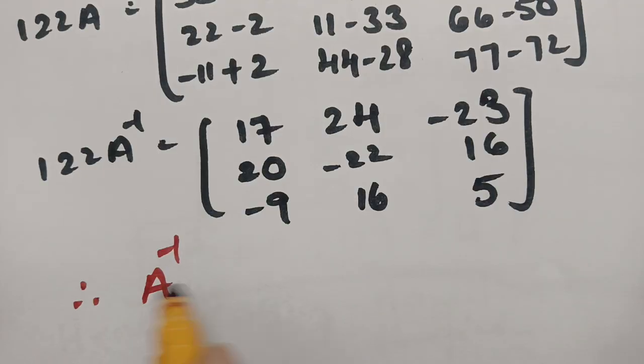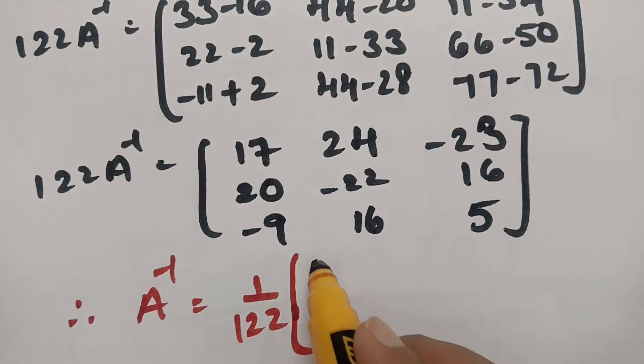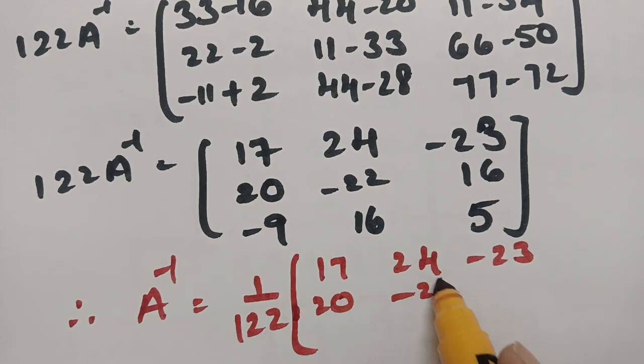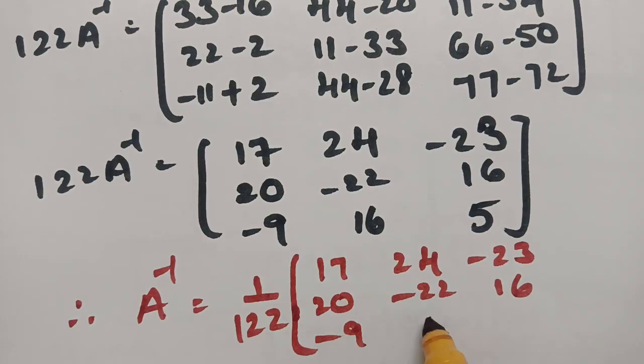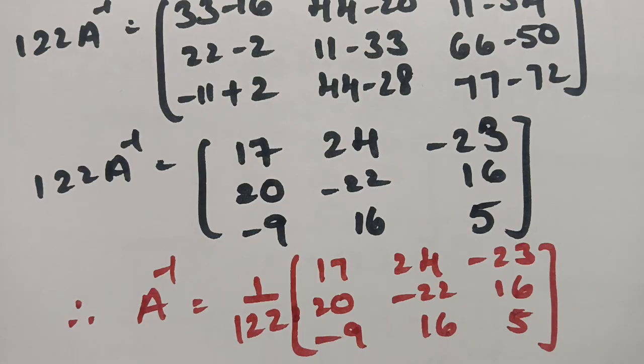Therefore A inverse is 1 by 122 times 17, 24, minus 23, 20, minus 22, 16, minus 9, 16, 5. So you can do along with me and check the answers.